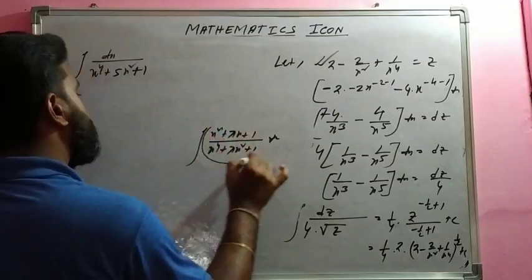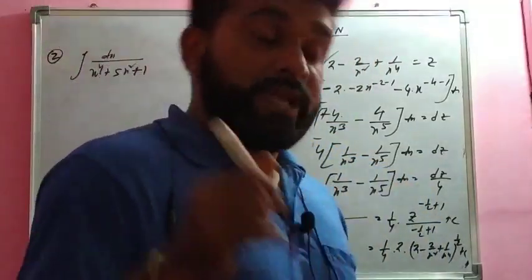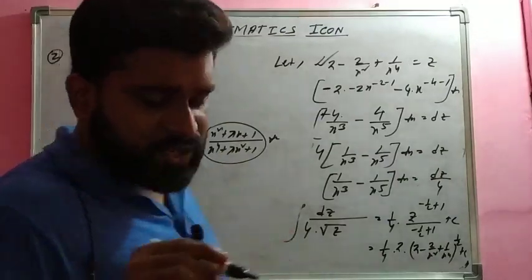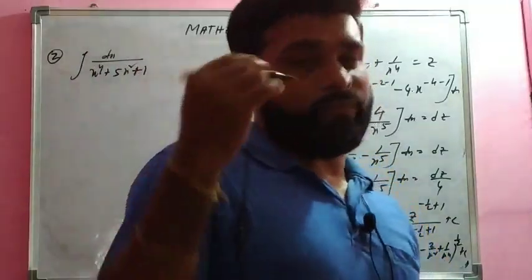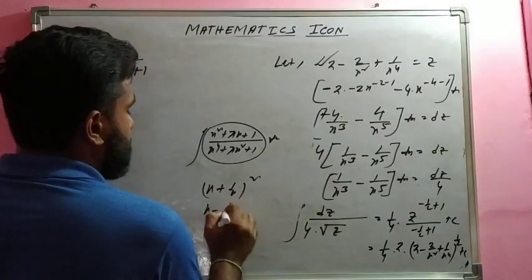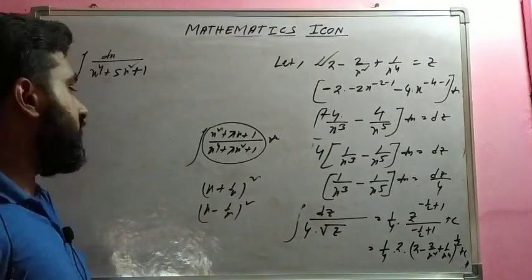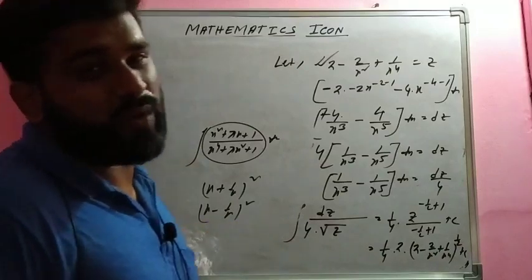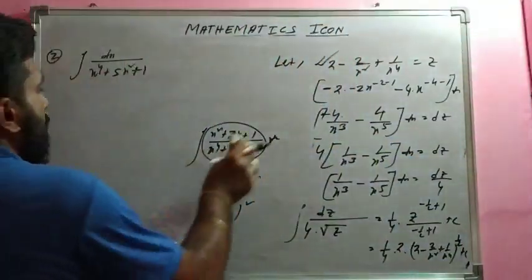If you have this type of expression, that means x to the power 4 in the denominator, then you can rearrange this whole question in the form x plus 1 by x whole square or x minus 1 by x whole square. These two formations are there. And after that, x plus 1 by x equals z should be substituted, or x minus 1 by x equals z should be substituted. Just see the structure and the steps, how it can be done.